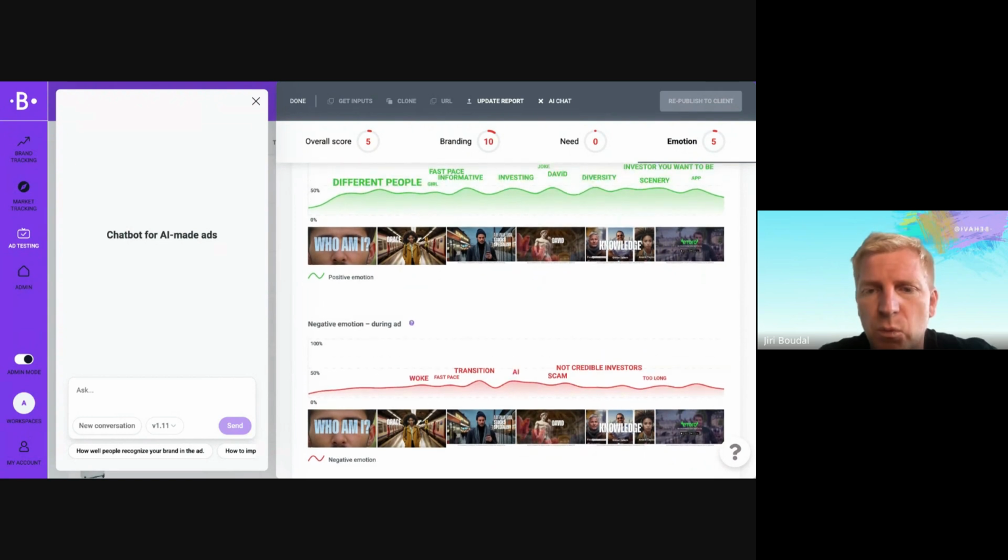What we could see in comparison with the previous ad is that if you make it more evident that it's AI, it's making it worse. And in this case, there were also too many messages. The overall concept wasn't that great, and the branding was weak. So this is not a way to go.